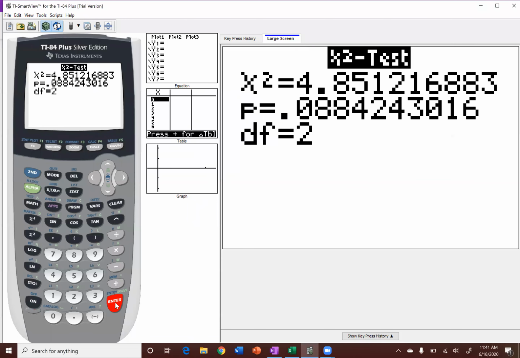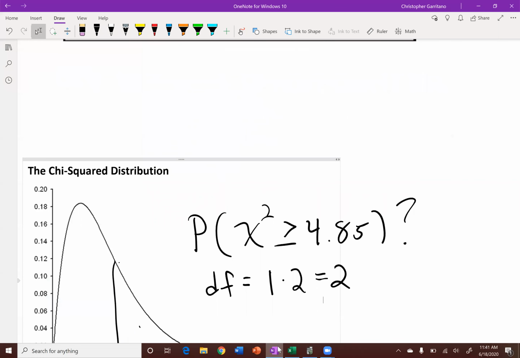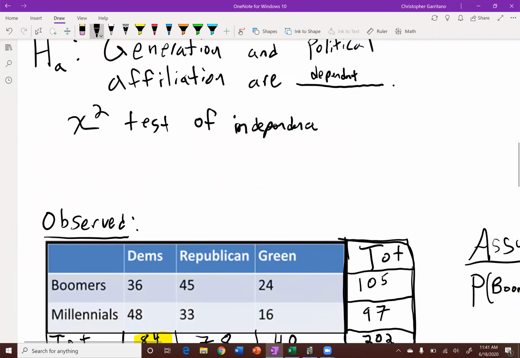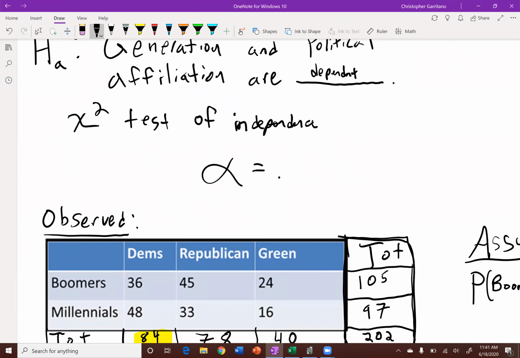Press calculate. Okay, you can see the chi-squared test stat is the same as what we had. You can see the degrees of freedom is 2, but the important thing, new information, is the p-value, which is 0.0884. All right, and let's say alpha was in this case 0.1.